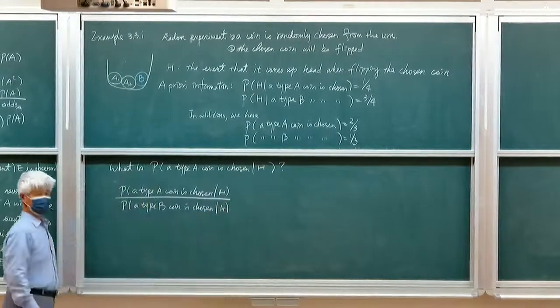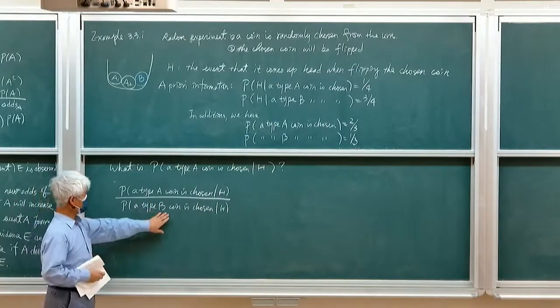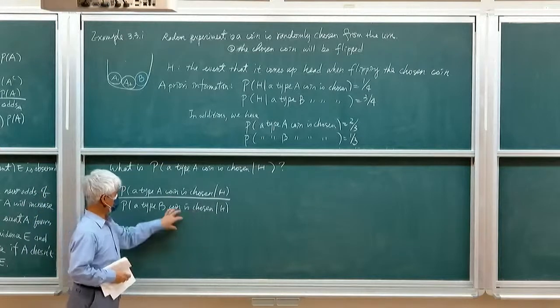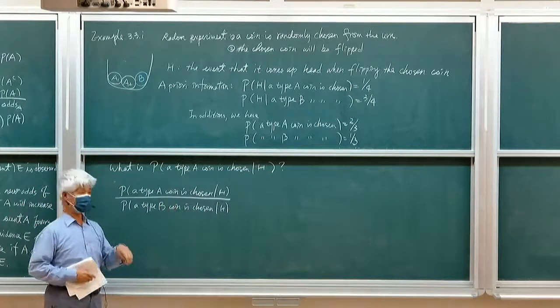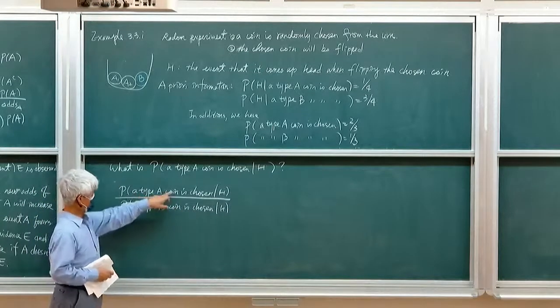Okay, so a type B coin is chosen is just the complement of a type A coin is chosen.